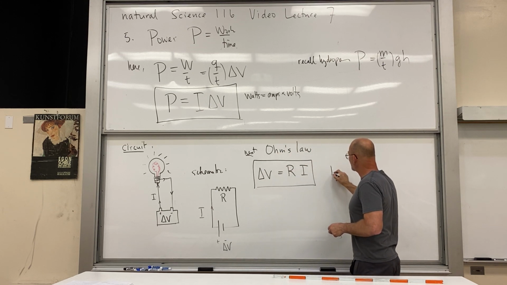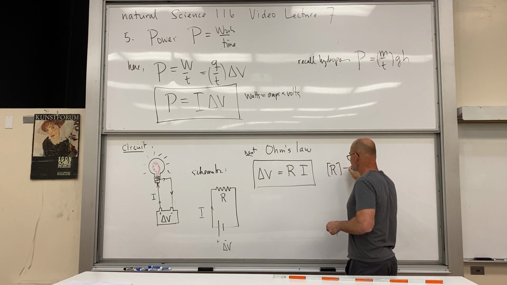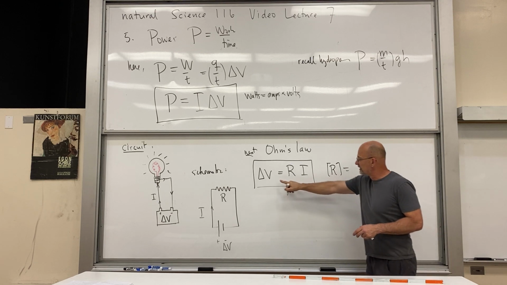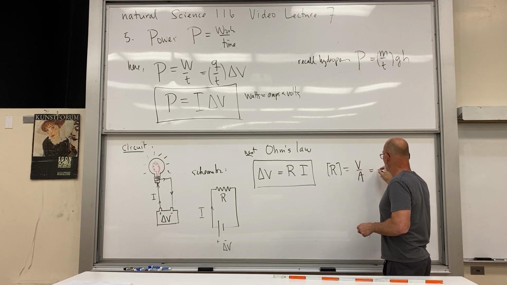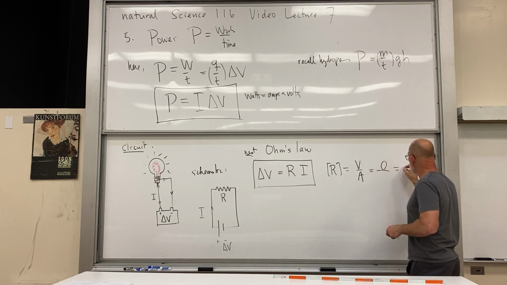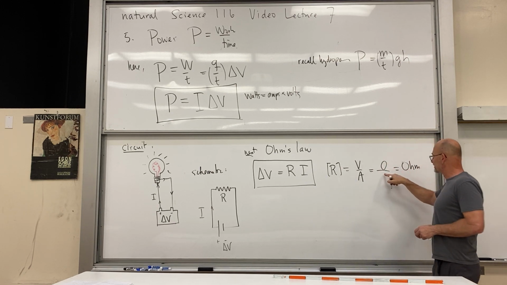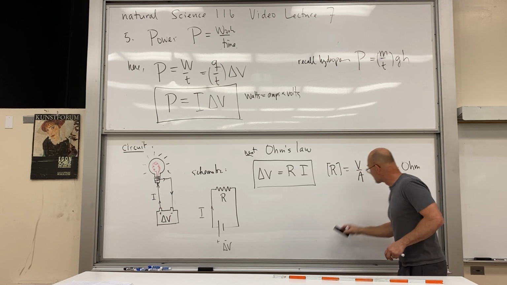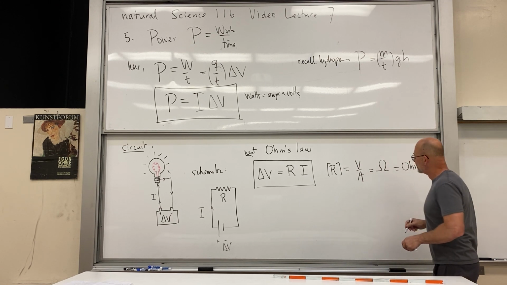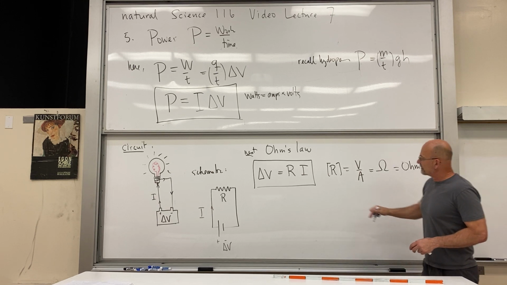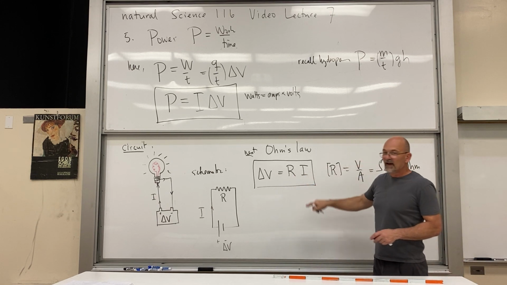What are the units of R? Well, they're the units volts divided by amps, and that is called the ohm. And it gets this capital omega, uppercase omega, as its symbol. But yeah, voltage, resistance times current.